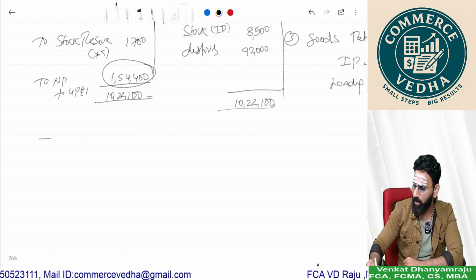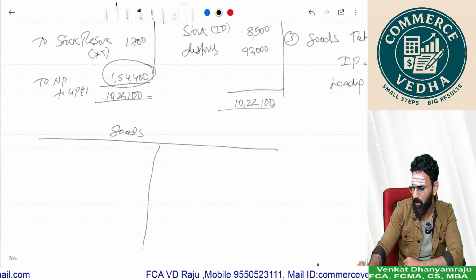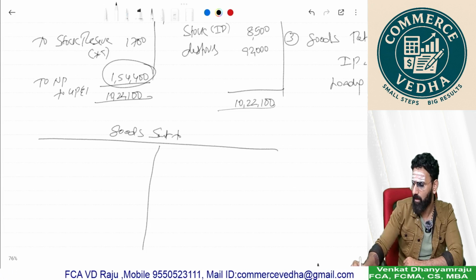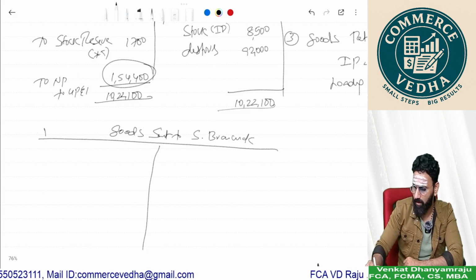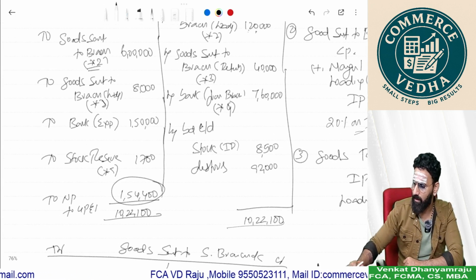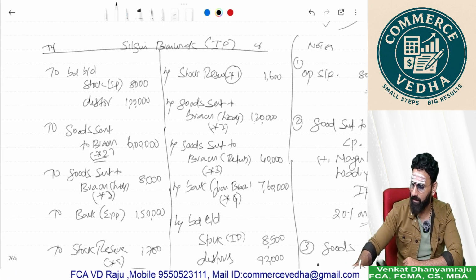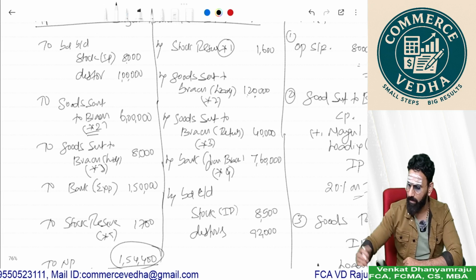Before that, one more account I should do is the goods sent to branch account, debit and credit. Exactly, the credits here will be the debits and the debits here will be the credits.